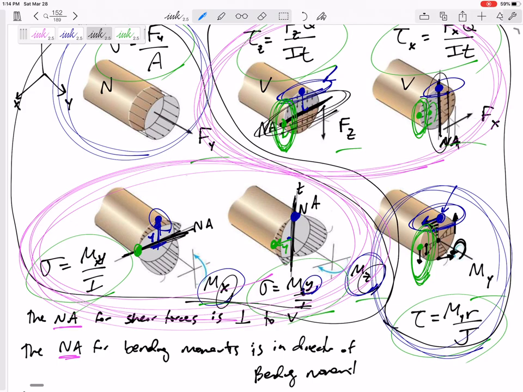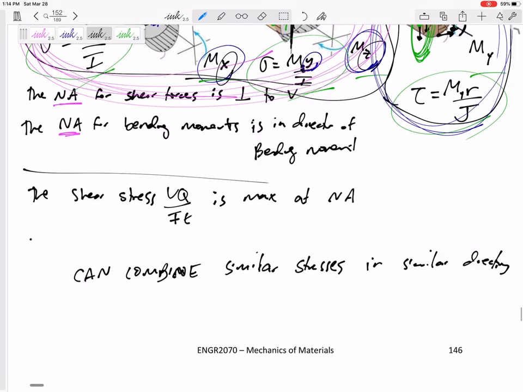So in this case, if we're on the neutral axis, we've got a maximum VQ over IT versus the bending stress My over I, which is 0 on the neutral axis, right? The bending stress My over I is 0 on the neutral axis. Why?